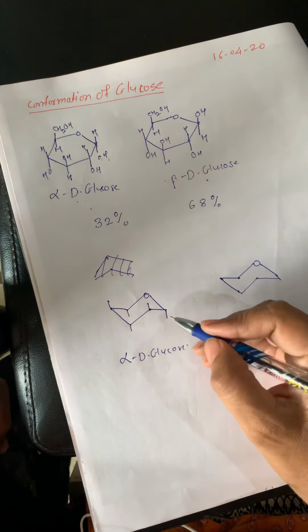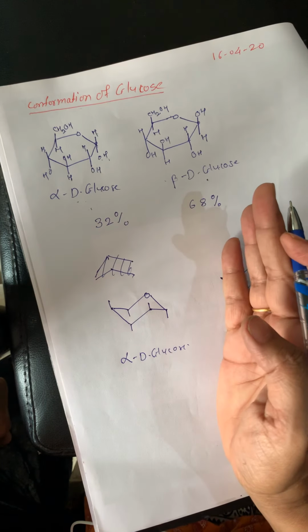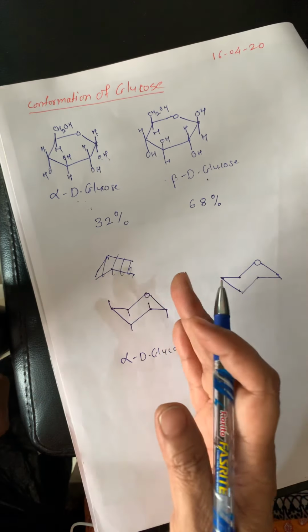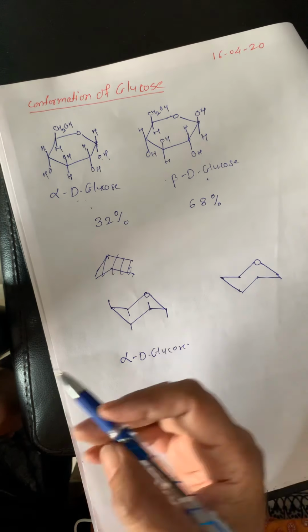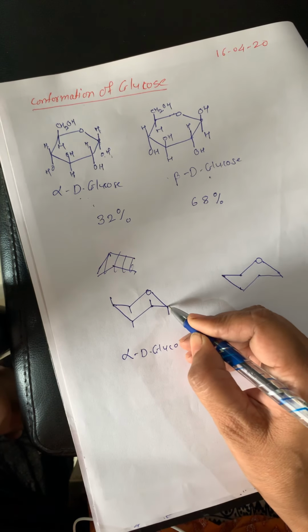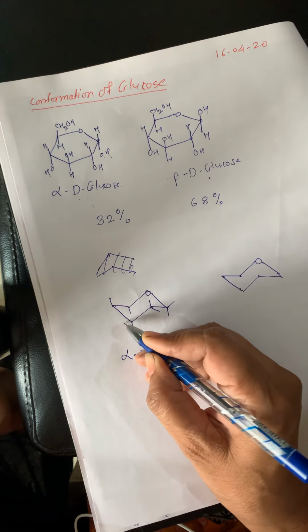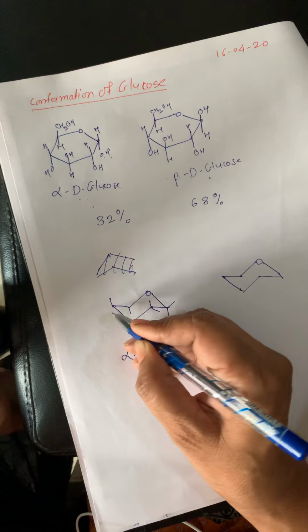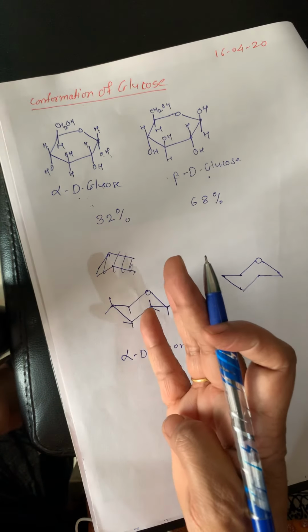Okay, then to draw the equatorial, half the equatorials are oriented along the right side and half along the left side. This is equatorial, this is equatorial, this is equatorial, because you can imaginarily break the molecule into two halves.